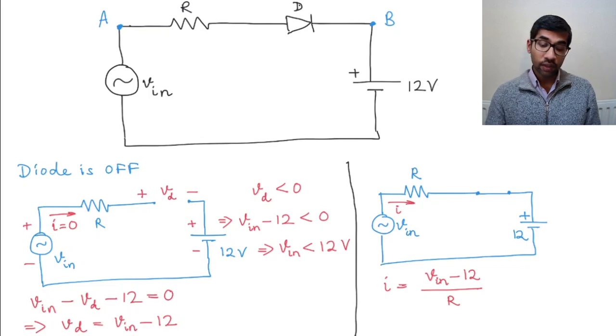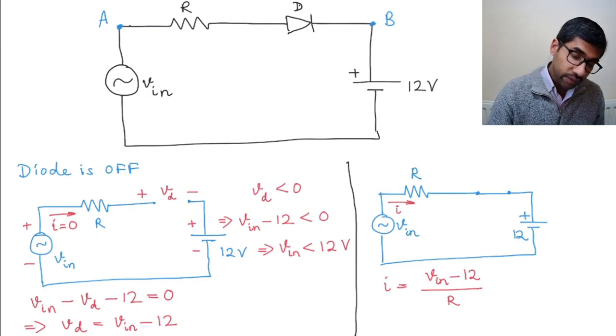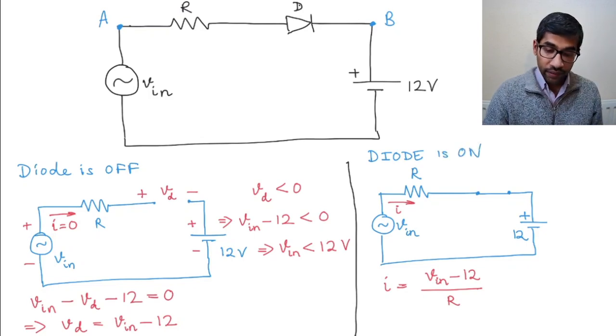And of course, if Vin was less than 12, we know that the diode is going to be off. So this is the case when the diode is on. Vin is going to be greater than 12, and therefore this current is going to be positive, which is exactly what you need for the diode, right? Because for the diode, the current needs to be positive. You can't have a negative current flowing through the diode.